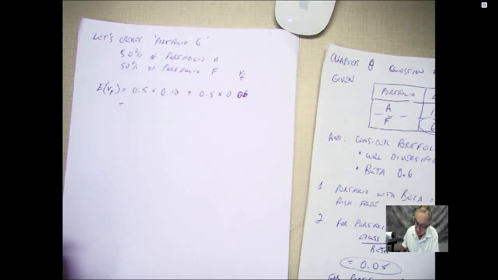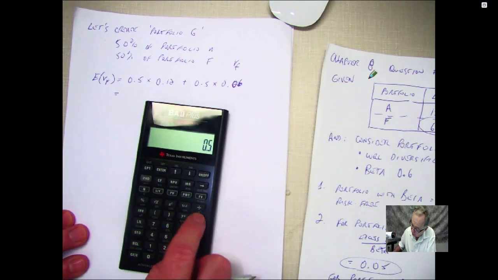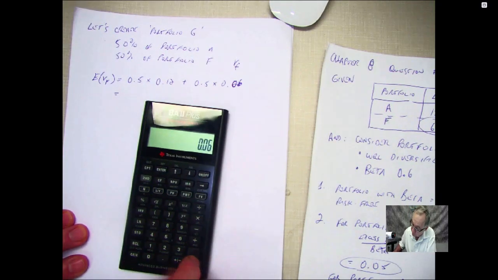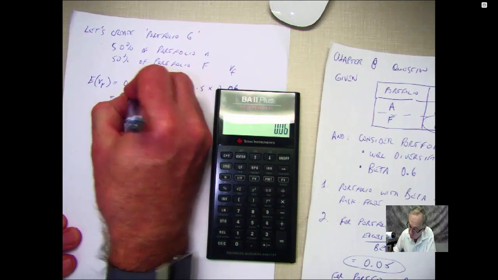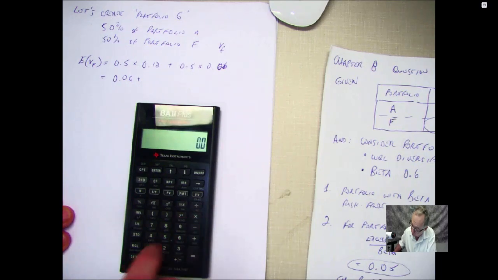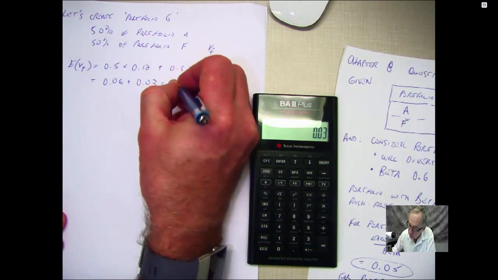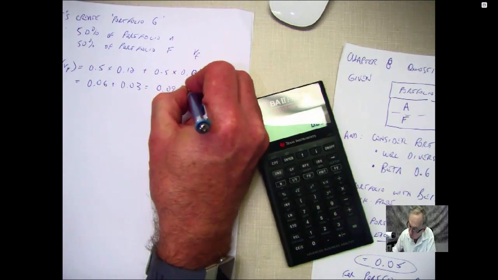And this is 0.5 times 0.12, 0.06, plus 0.5 times 0.06, 0.09, or 9%.